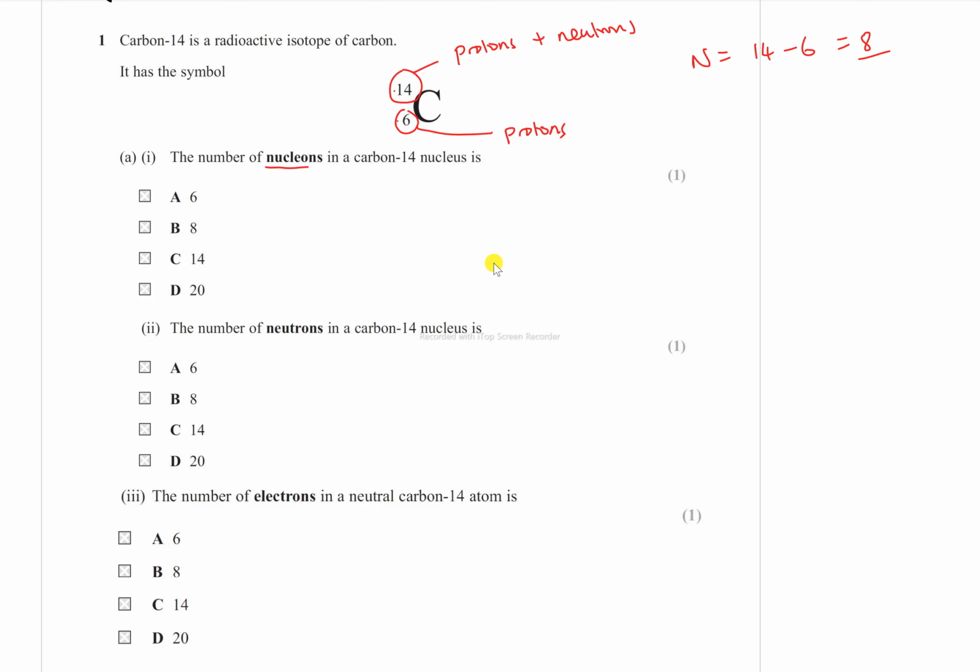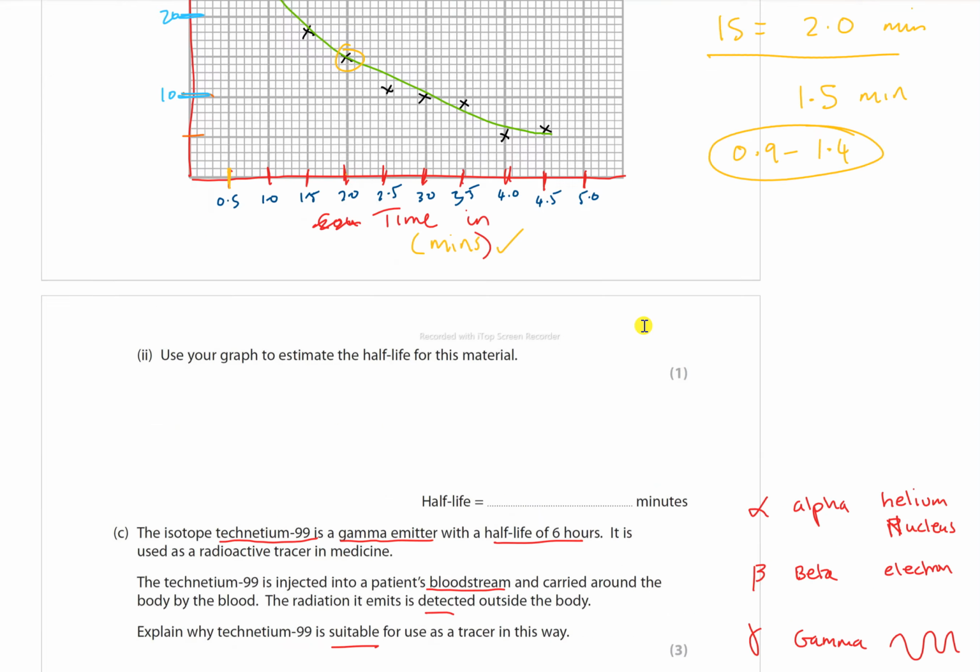They've called it nucleons. The number of nucleons, the number of neutrons. Wait, hold on. They've said 14. So the word nucleon equals protons plus neutrons. Let's make a note of that.